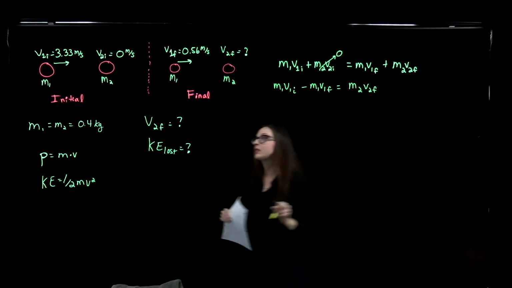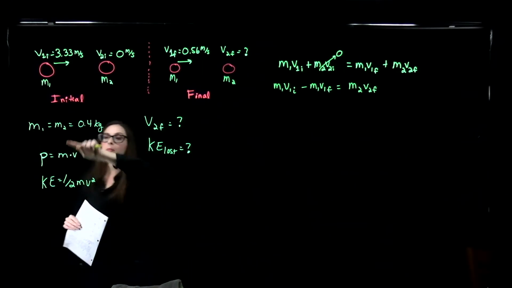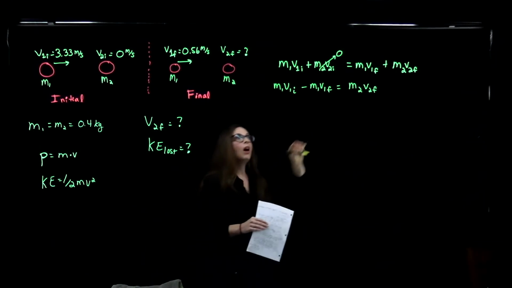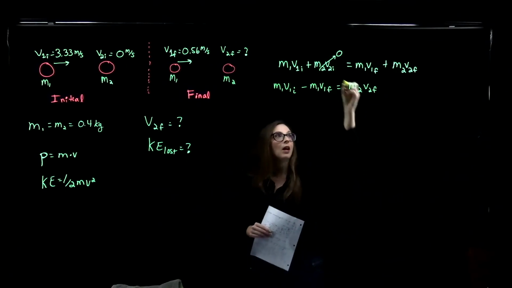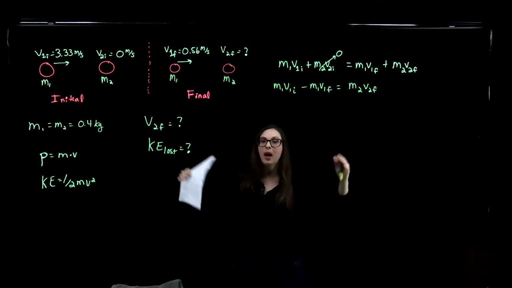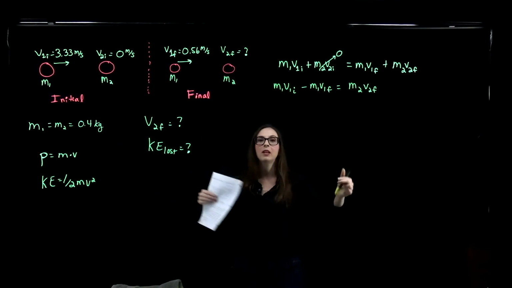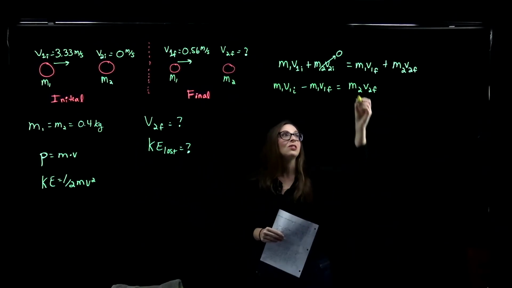Now in this case, mass 1 is equal to mass 2. All of these terms have a mass in them, and those masses are the same, so I can divide both sides by the same mass, 0.4 kilograms, and those masses will cancel out.